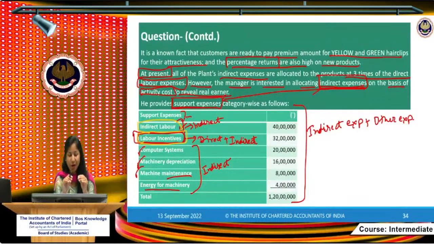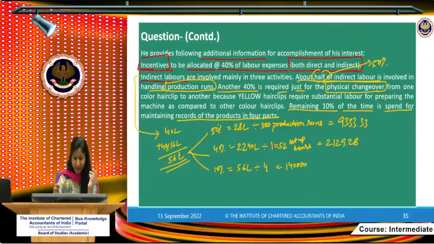Here it is not clear whether this labor incentive is for direct labor or indirect labor. So you would be asking, ma'am, where to add this labor incentive, in direct labor or indirect labor? This confusion has been cleared in later paras of this question. Let's see where.